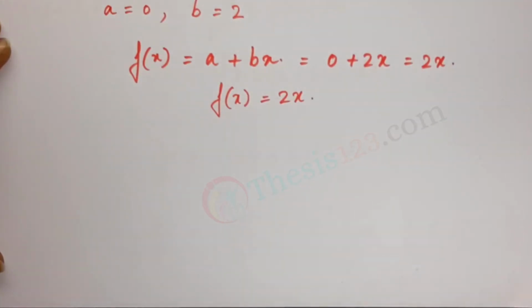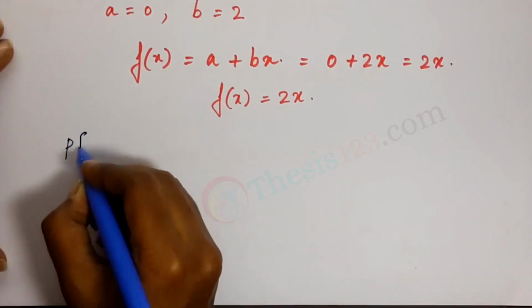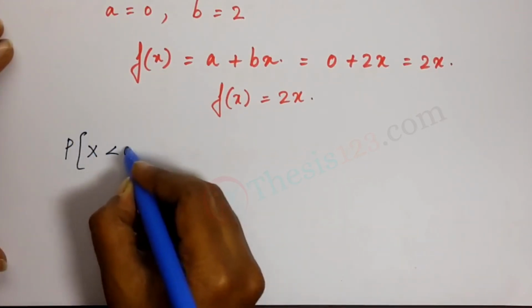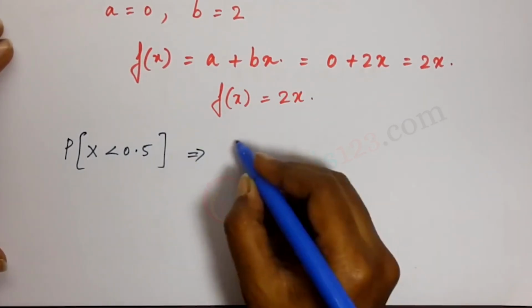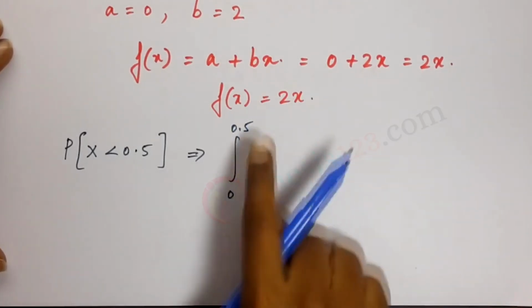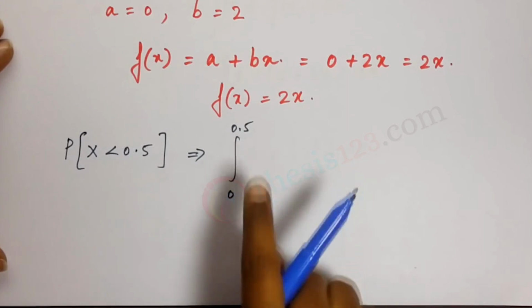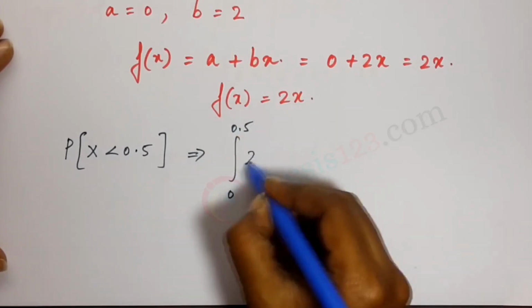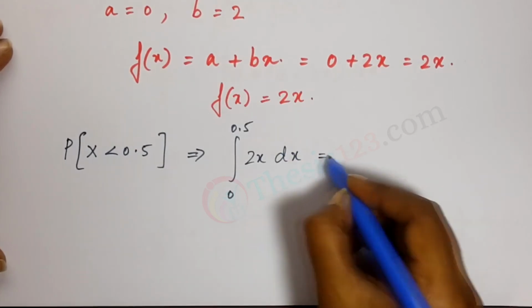So we have been asked the probability for x less than 0.5. So x less than 0.5 will give us integral 0 to 0.5 of 2x, that's f of x, dx.